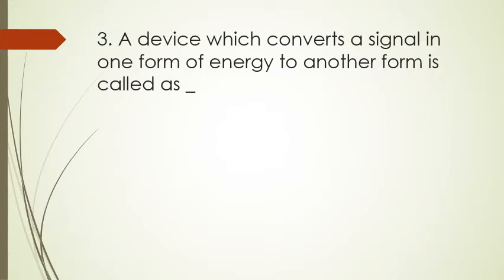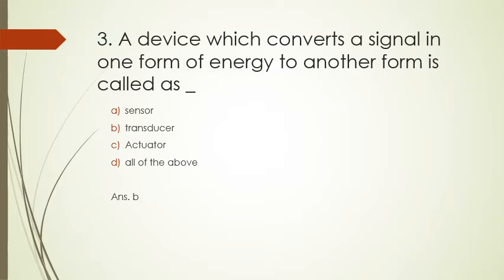Then the next question is, a device which converts a signal in one form of energy into another form is called dash. This is one of the simplest definitions of a transducer. Option B is the correct option here. Any device which converts any kind of energy into another form is a transducer.